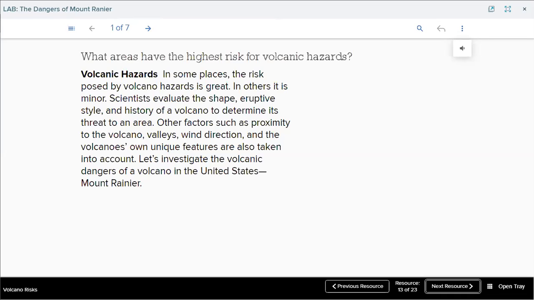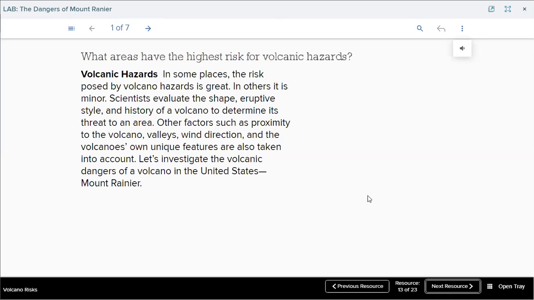Thanks, Muhammad. This is called volcanic hazard, the area that has the highest risk of volcanic hazard. In some places, the risk posed by volcanic hazard is great. In others, it's minor. Scientists evaluate the shape, eruptive style, and history of a volcano to determine its threat to an area.